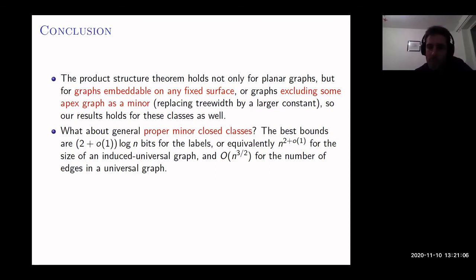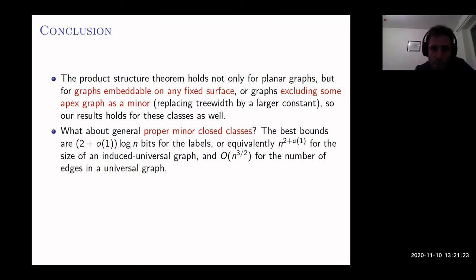So you can do the Bye-bye et al. construction, but what we did doesn't work. So in general, it remains a very interesting problem to go way beyond planar graphs, to any proper minor closed class.